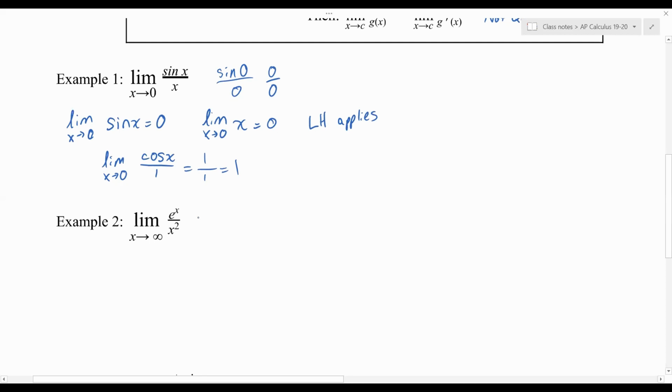You can also use L'Hopital's rule. The limit as x approaches infinity of our top is infinity. The limit as x approaches infinity of our denominator is also infinity. So L'Hopital's rule applies.